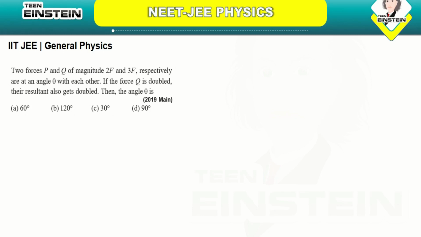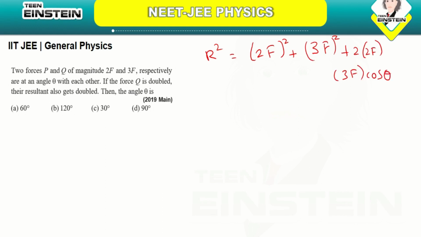So here in the first case, R square is equal to (2F) square plus (3F) square plus 2 into 2F into 3F cos theta. When you solve this, you will have R square equal to 13F square plus 12F square cos theta.